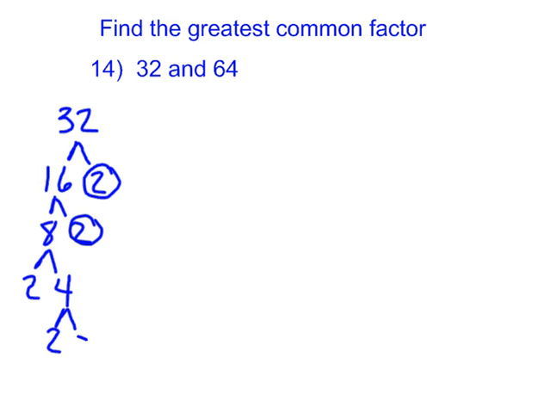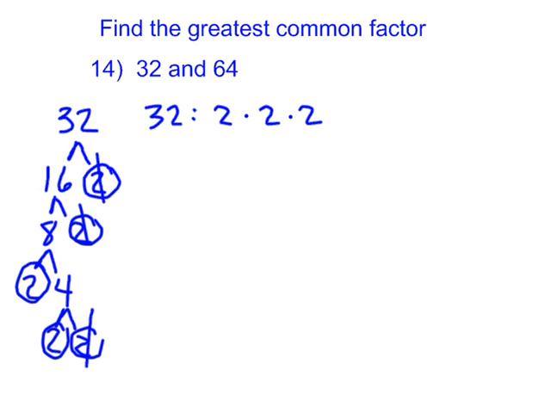And 4 is 2 times 2. So those are all prime. So for 32, we would have 2 times 2 times 2 times 2 times 2.